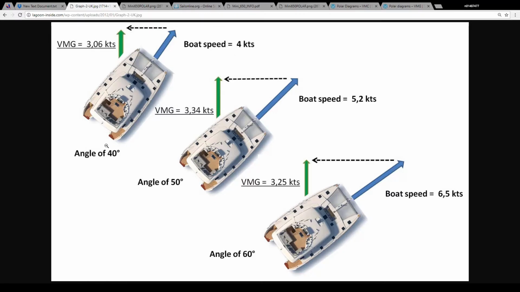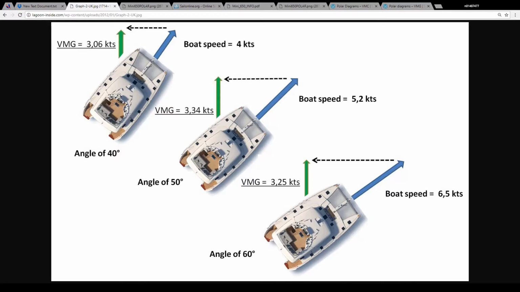Now remember back to when I was talking about that polar diagram. When you bear away, in certain situations, your boat speed is going to increase depending on the design of the boat.